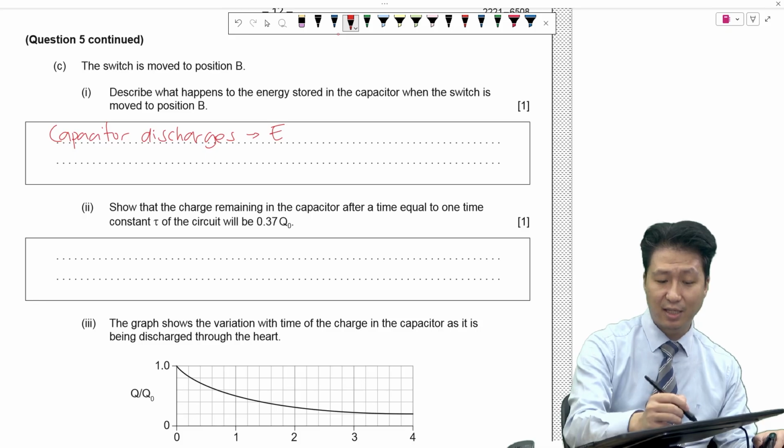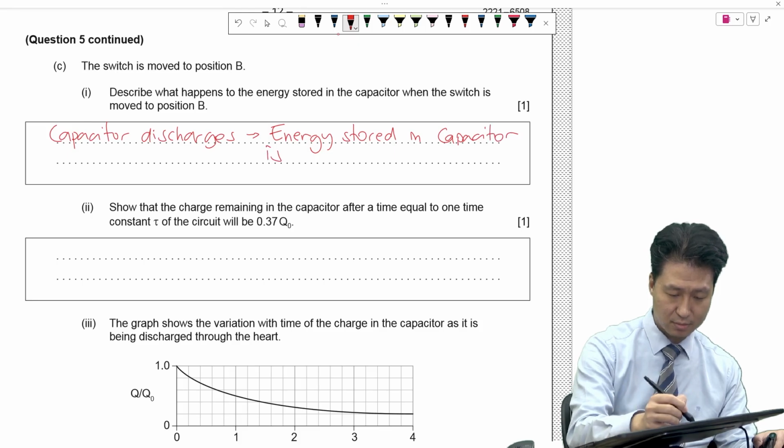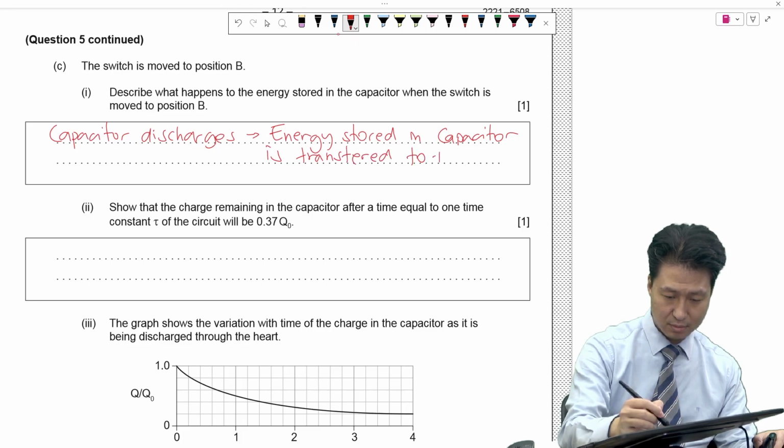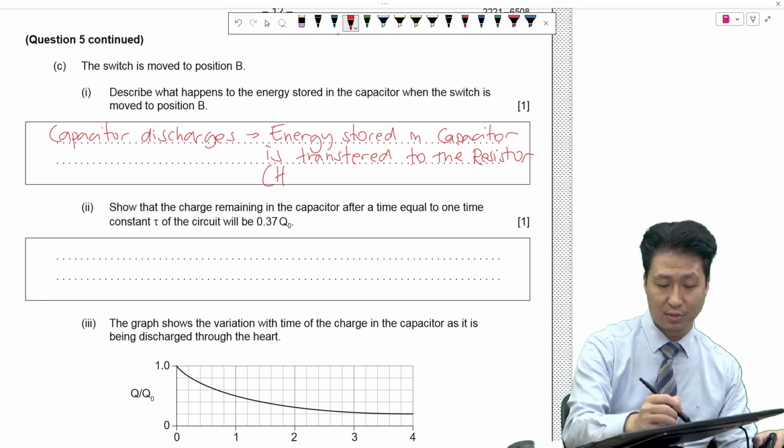And what happens then is the energy stored in the capacitor is transferred to the resistor. Now recall the resistor is actually the heart, so you can also say it's transferred to the heart.